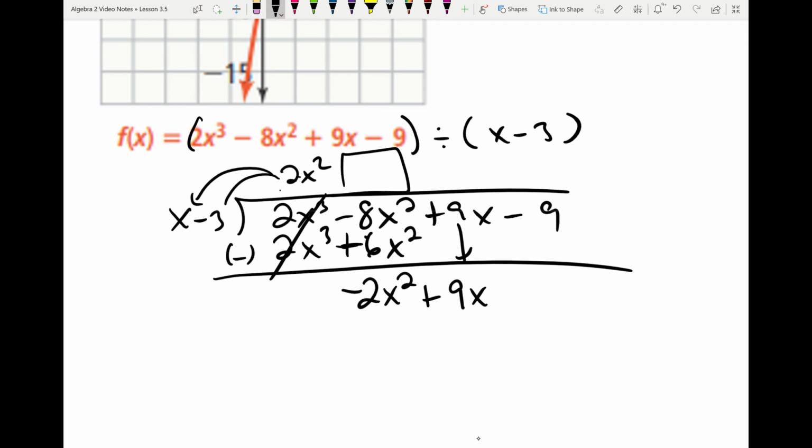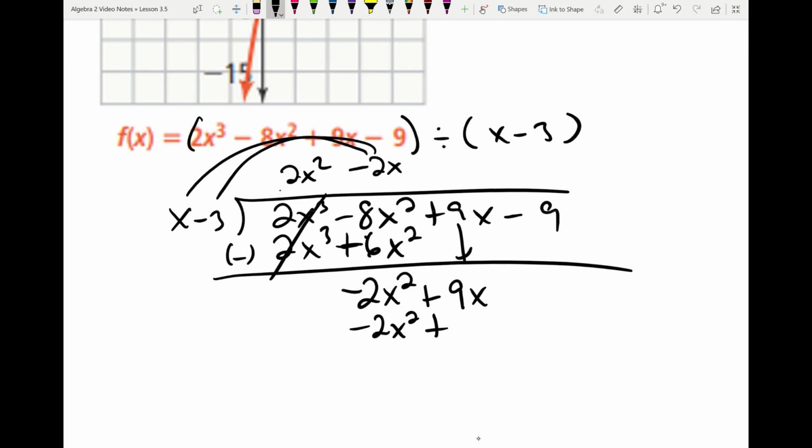Fill in the blank. What times x is negative 2x squared? That would be negative 2x. So we have negative 2x squared, and we have positive 6x. Subtract.